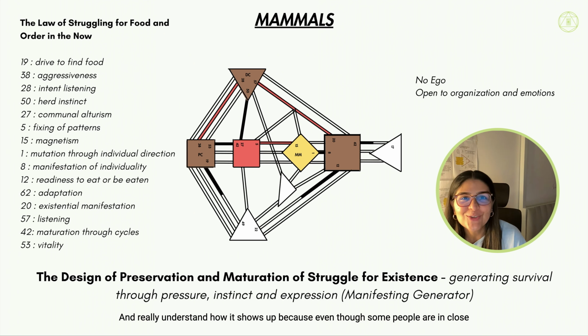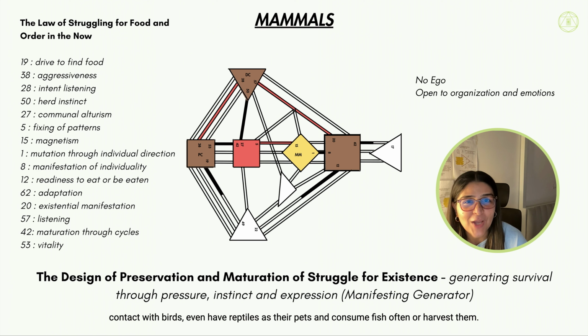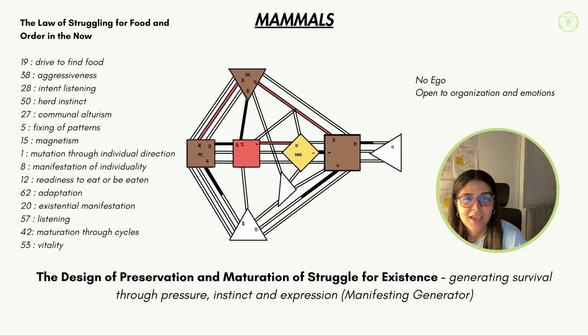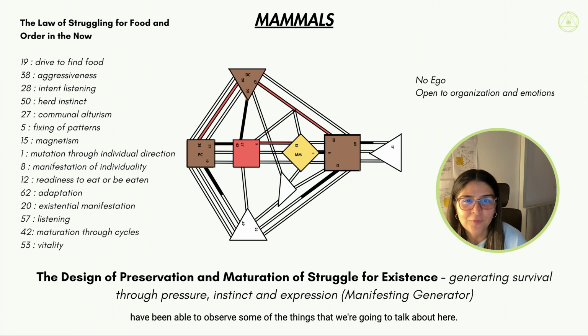Because even though some people are in close contact with birds, even have reptiles as their pets, and consume fish often or harvest them, I personally have only always been in close contact with mammals and hence have been able to observe some of the things that we're going to talk about here.